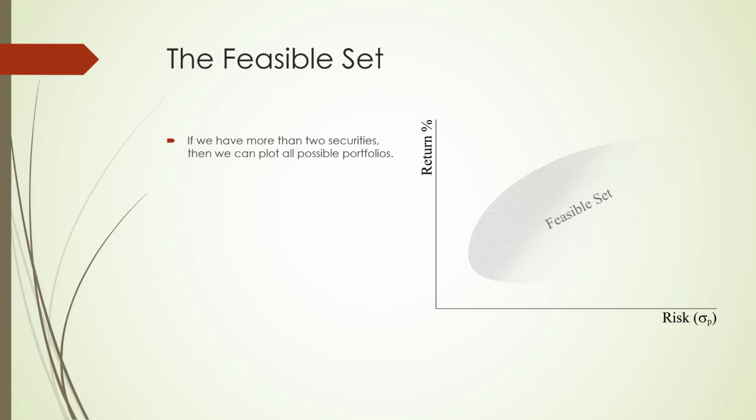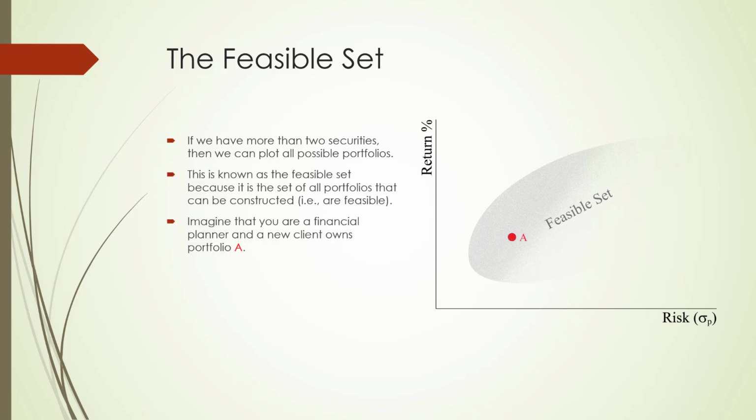But if we plotted them on a graph, what we would get is what you see here. This is called the feasible set. This is simply the set of all portfolios that can be built.